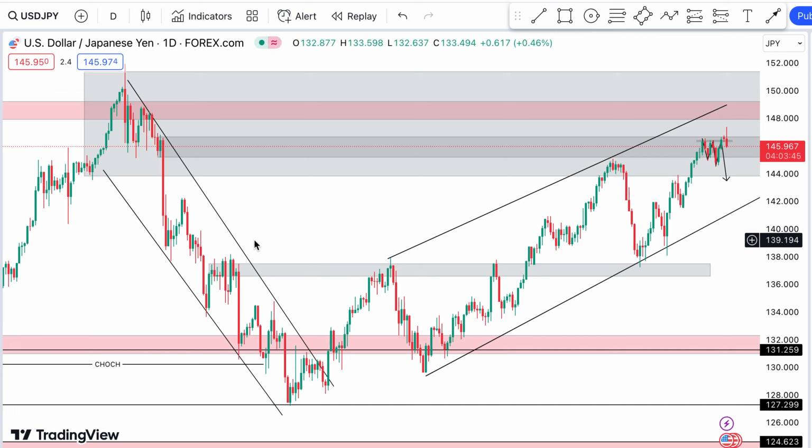I personally get my major key zones from the monthly and weekly time frame, but this daily time frame is what assists you, it's like the icing on the cake.